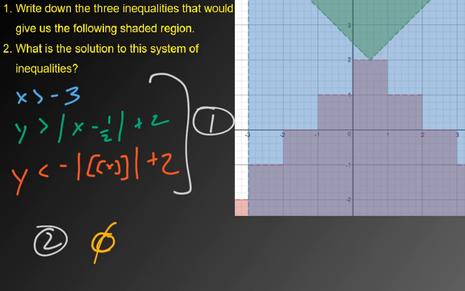So they're both in the blue area, but they're not ever going to all three intersect because it touches right there. And so you don't have any overlap. This dotted region is not part of the solution for this green one, and this dotted part is not part of the solution for the red part, so they actually don't overlap at all.